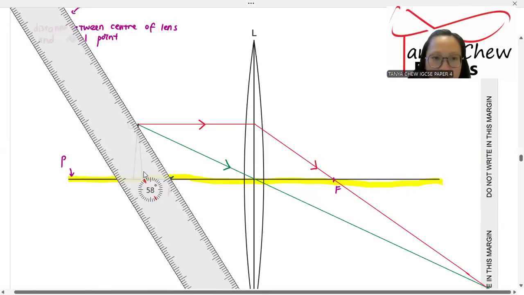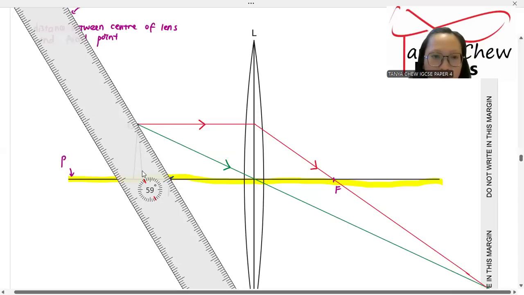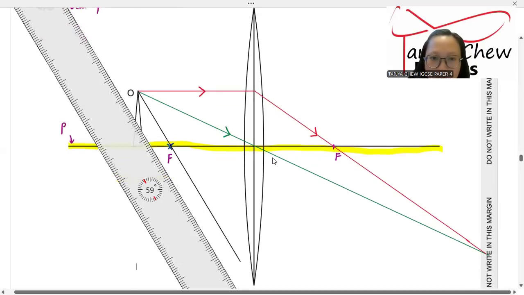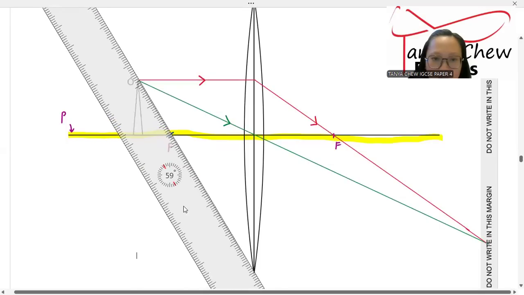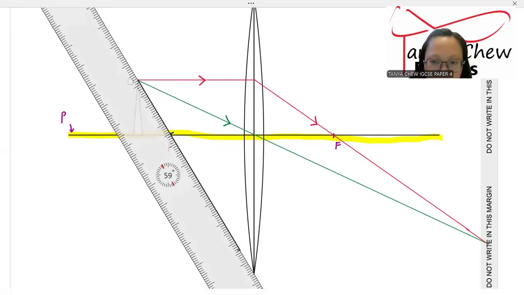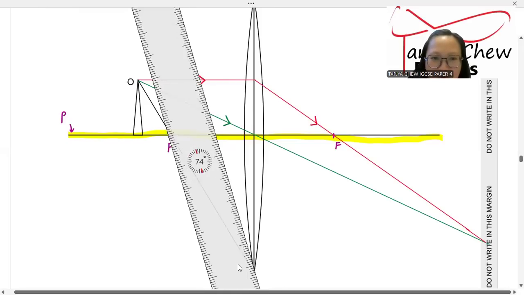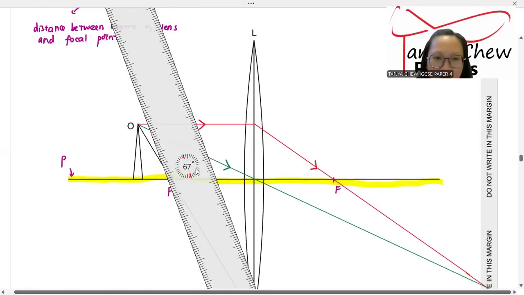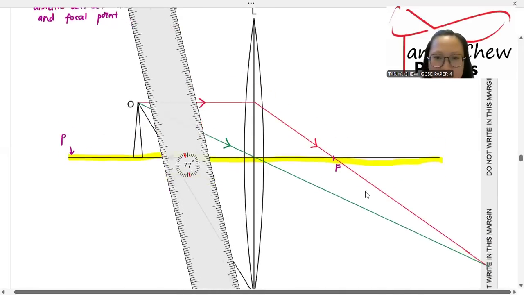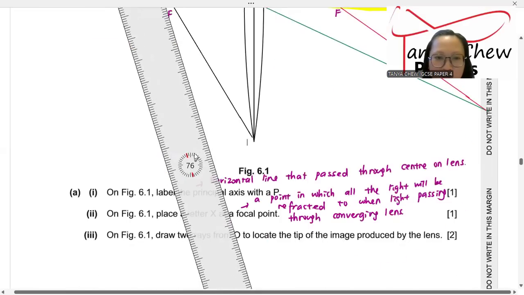Make sure that you understand. Start from the tip of the object all the way. This is extra, just want you to know this is extra. Might not be very nice because my ray is so low below, so it will be refracted. I'm going to delete that ray because my diagram is so off.